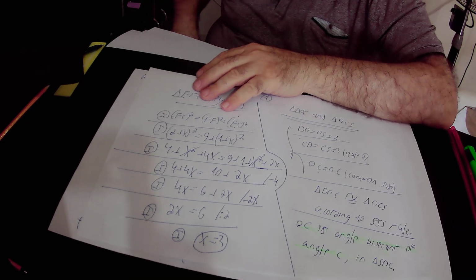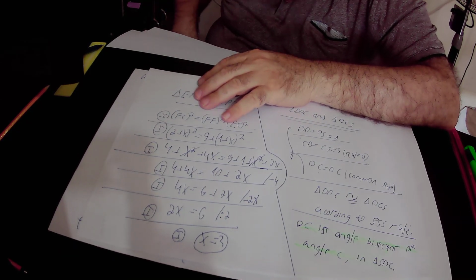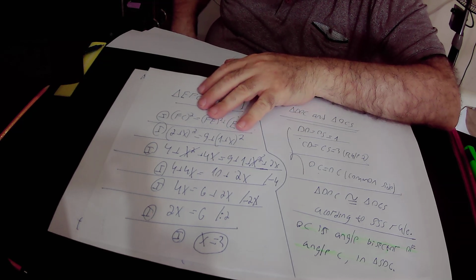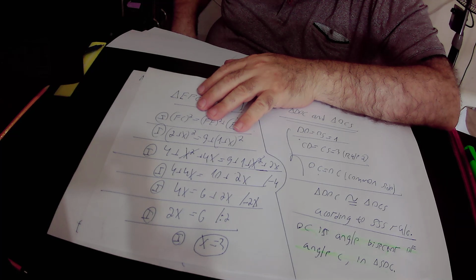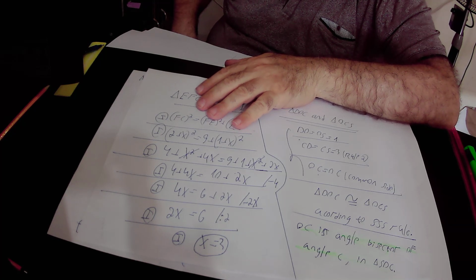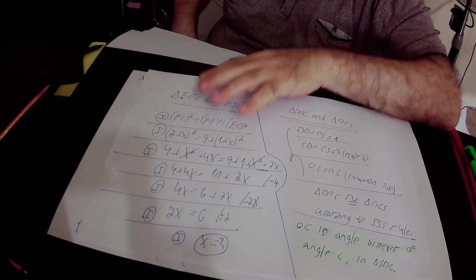So (2 plus x) square, that is 4 plus x square plus 2 times 2x, that is 4x, is equal to 9 plus (1 plus x) square, that is 1 plus 2x plus x square.